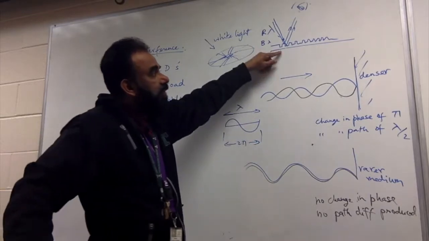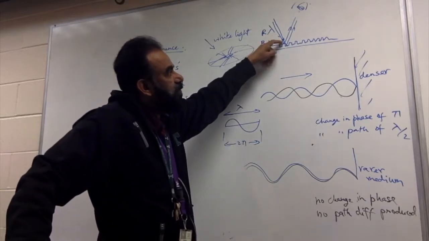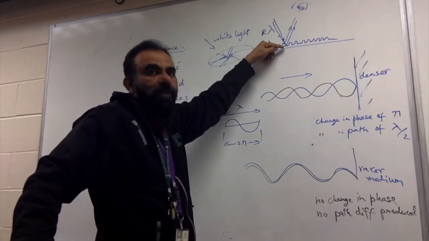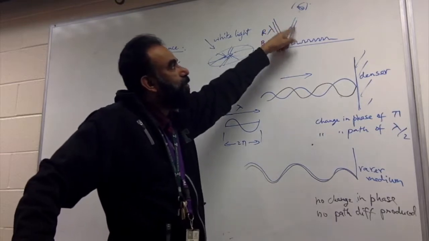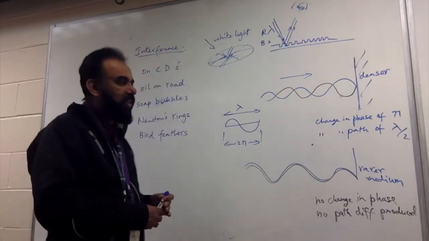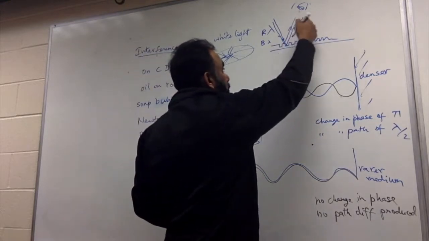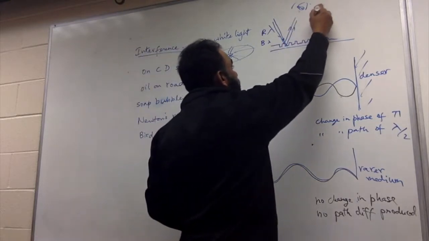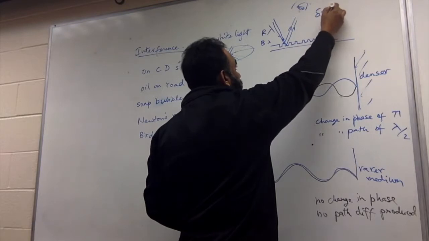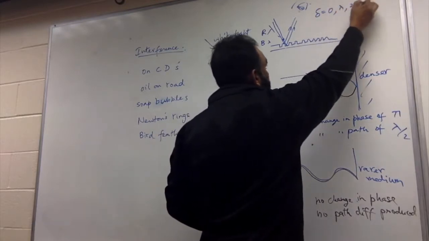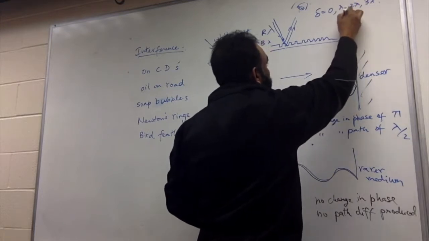Now in the case of a CD, the first reflection is taking place from the top, which is a dense medium. The second one is also taking place from the top of the dense medium. So these two don't suffer any phase change. And so if these two meet with a path difference of 0 or lambda or 2 lambda or 3 lambda, then it's going to be constructive.